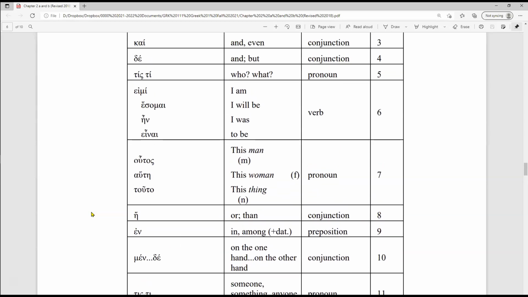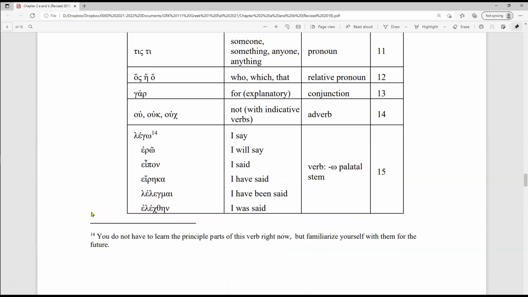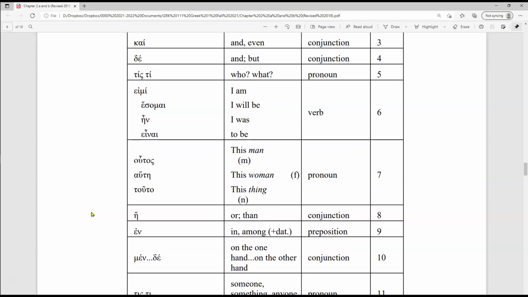Yeah. Notice, oh yeah, I skipped that. Okay, you say, okay, how can it mean who or what here and someone, anyone here? And I have a mnemonic device for you. Okay? If it's accented on the first syllable, question mark.